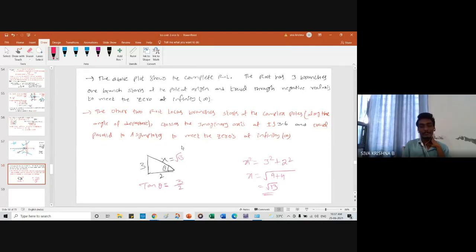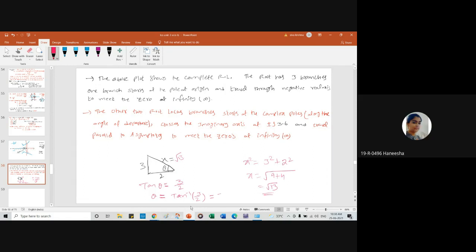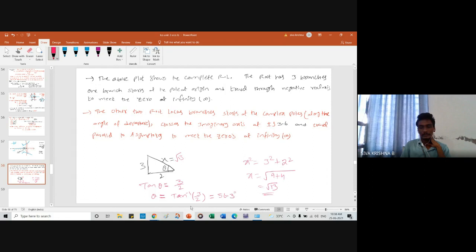Correct. So from this, theta is tan inverse of 3 by 2. So what is this angle? 56.3. Okay, done. Fine.